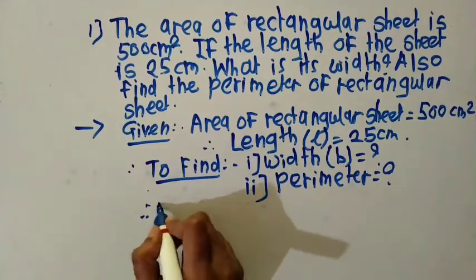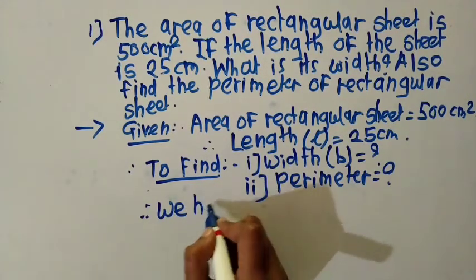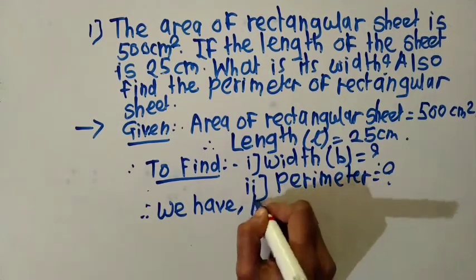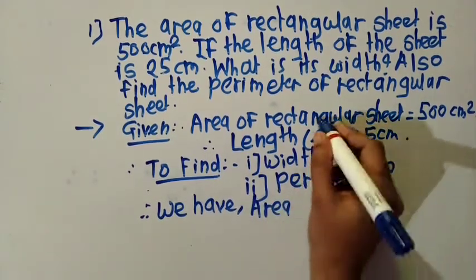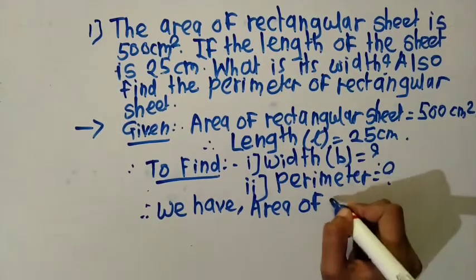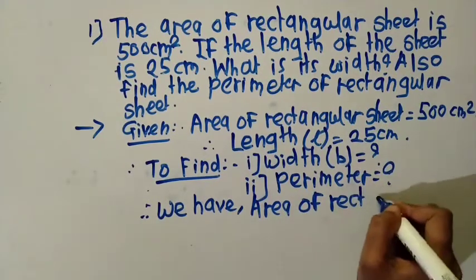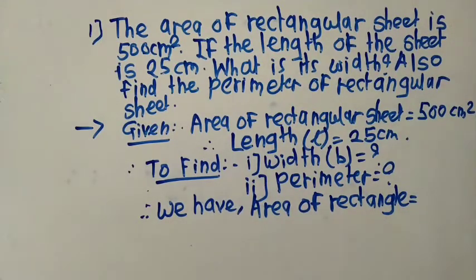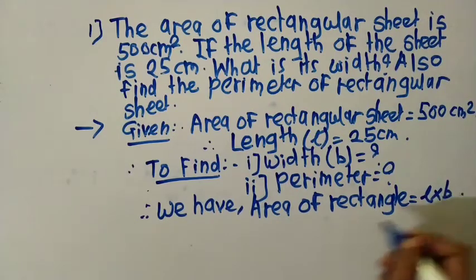First, we write down the formula. We have area of rectangle is equal to length into breadth.